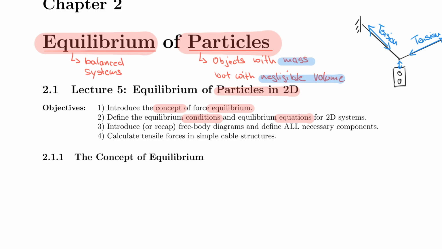And when you talk about equilibrium of particles, you need to also combine this with what's called free body diagrams. We will therefore define what free body diagrams are and what all the necessary components are that you have to include in all your free body diagrams so that you can receive maximum points and of course communicate properly and effectively with other engineers.